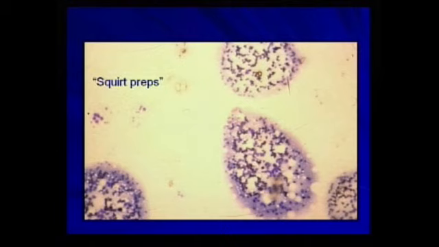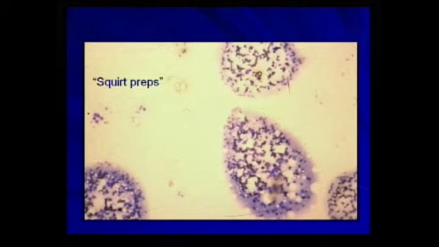A lot of times when we get fine needle aspirates, especially of lumps from the skin, we get what are known as squirt preps. There's only a little bit of material that comes out of the needle, and the material is squirted on the slide and allowed to air dry. While these are not often optimal preparations, we do like to have a nice, regular smear.